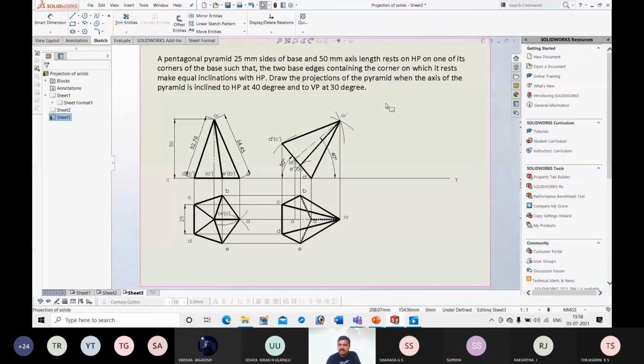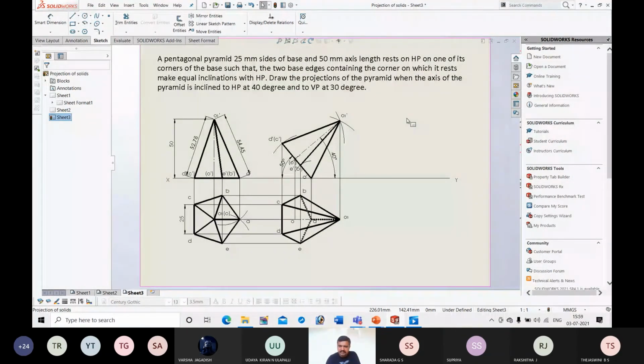Or in top view the axis of the pyramid is inclined at 30 degree to VP, that is also false inclination. Here they don't use the term appear, and also they are not using the term in top view. So the given inclination is true.